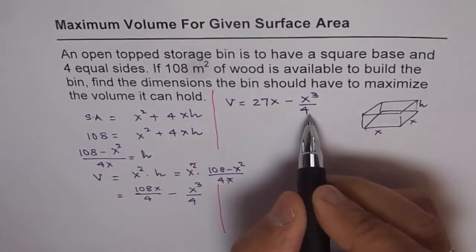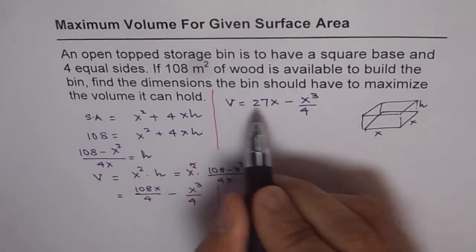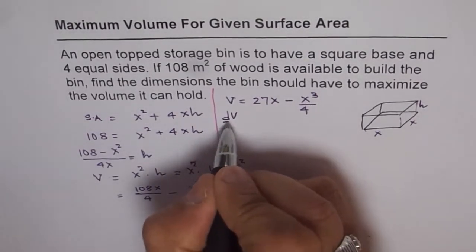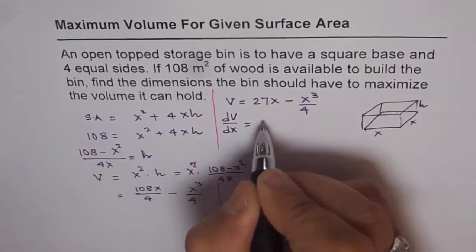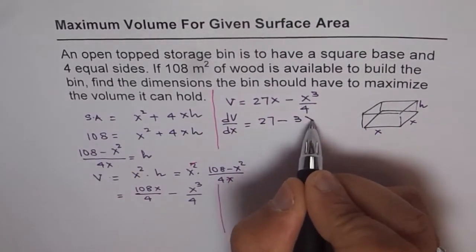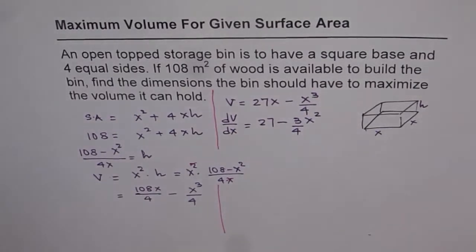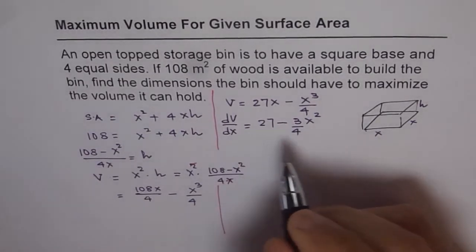So this is an equation in one variable, and we can differentiate with respect to x on both sides. So we get dV over dx equals 27 minus 3 over 4 x squared. Now the critical number here is when dV/dx equals 0.